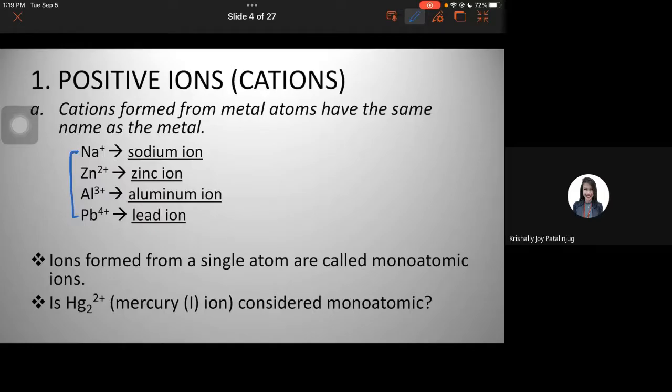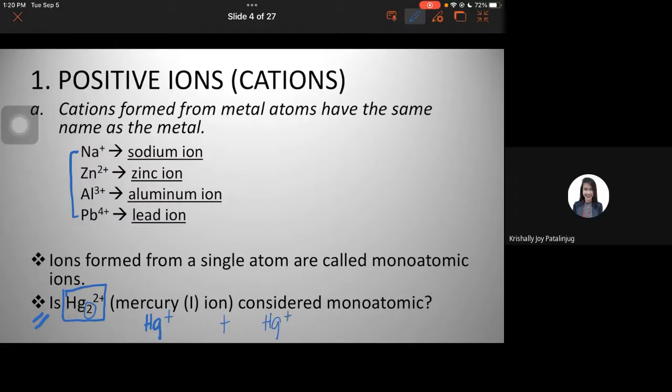Now, if you will be asked, is mercury 1 considered monoatomic? What will be your answer? Is it a yes or a no? Given the formula of mercury 1, do you consider this as a single atom? Obviously not, because it has a subscript of 2, meaning it is a combination of 2 ions of mercury 1.